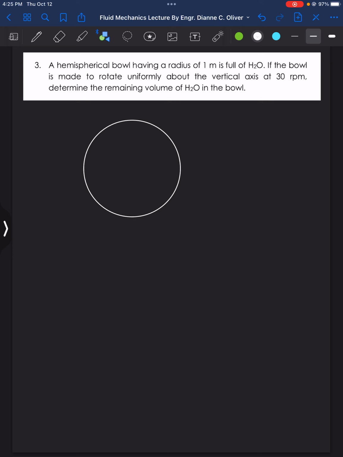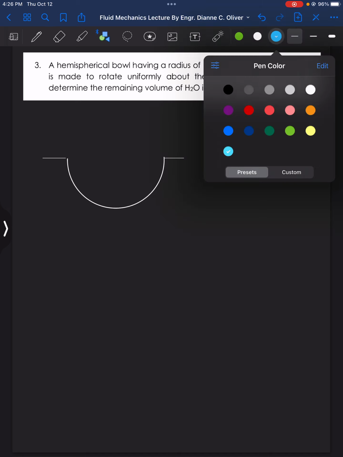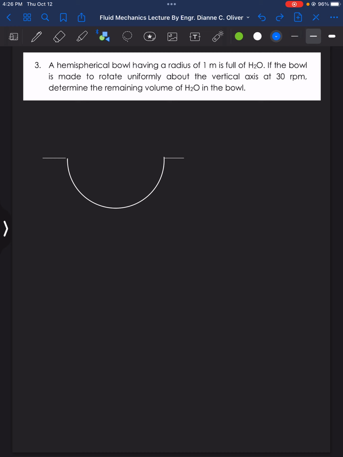Let's assume that the bowl is a semicircle. It is full of water, and then it is made to rotate uniformly about the vertical axis. So this is the rotational axis.